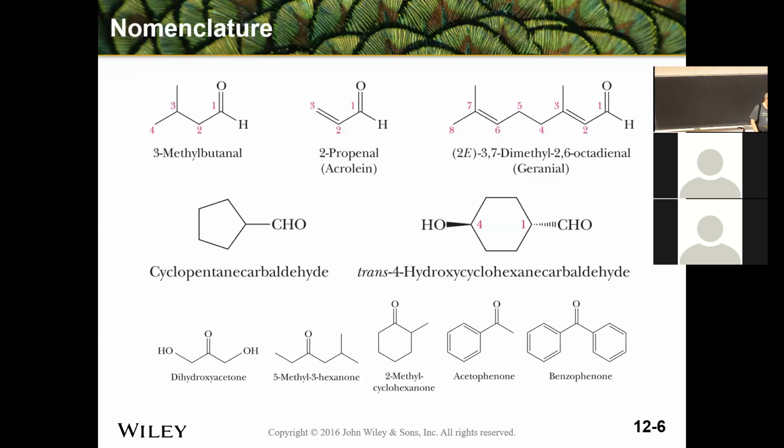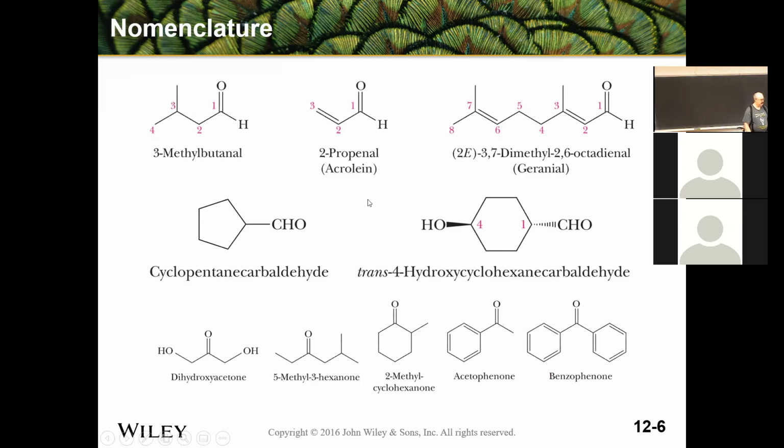All right, so here are some examples. Okay, this is up in the left-hand corner. This is 3-methylbutanal. Okay, the aldehyde has to be on number 1, and so we don't need a locant number. Okay, it's understood that that's where the aldehyde is, and it takes priority, so the methyl is on 3.